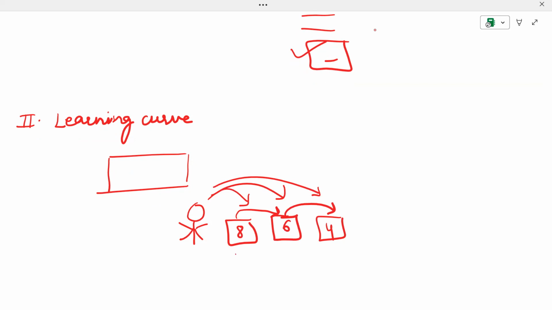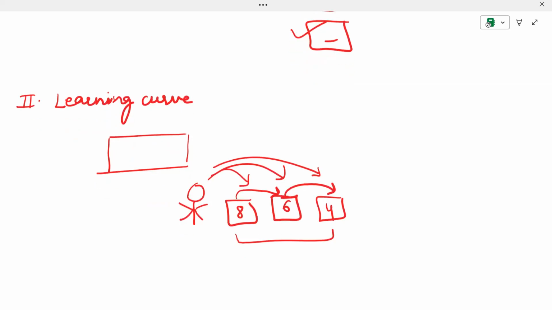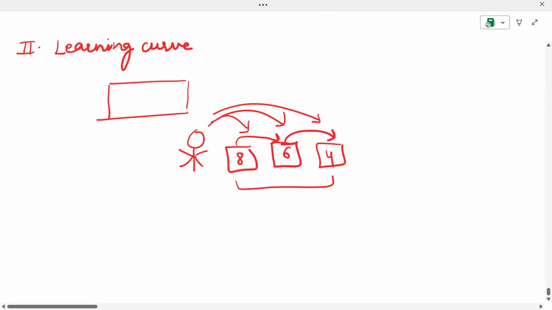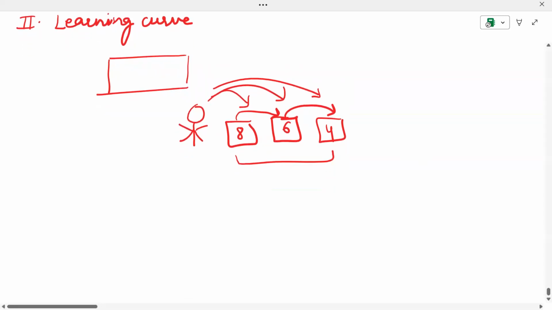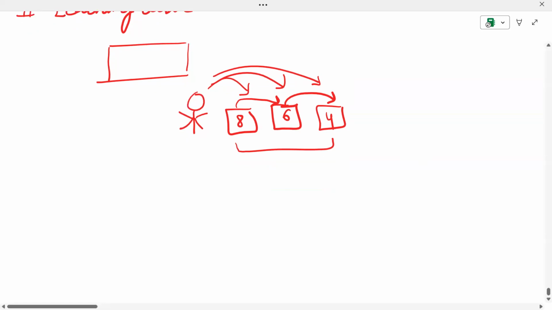As and when I'm repeating one thing again and again, I'm learning something every time. Because of doing it over and over again, I am discovering ways to do it faster, do it efficiently. So that is how the unit labor time will decrease slowly. So this is what you call the learning curve.